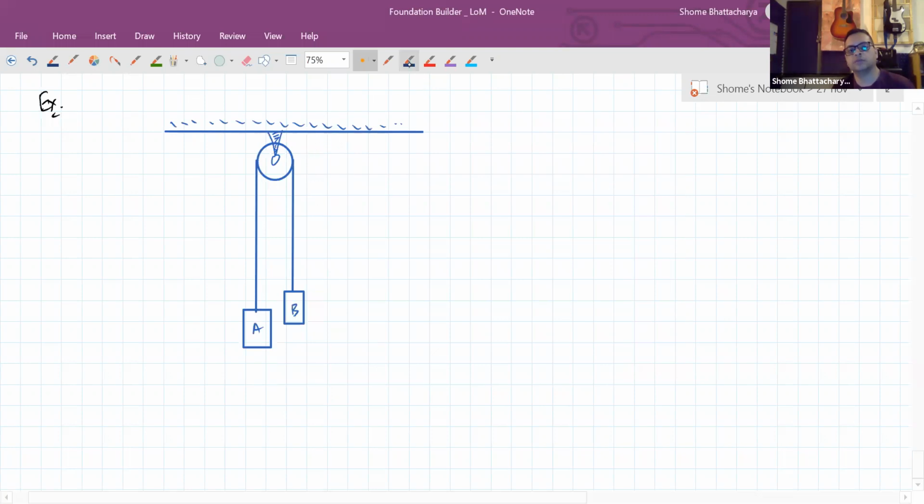So this is a standard smooth fixed pulley.